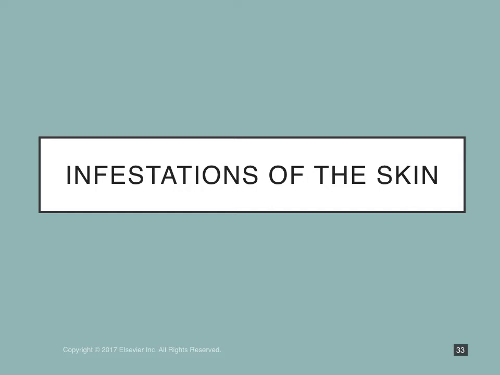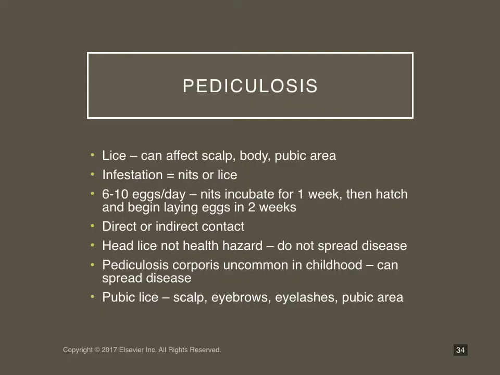Another thing you will encounter, unfortunately, in pediatric primary care is infestations of the skin. And one of the most common infestations is head lice, pediculosis capitis. Lice can affect different parts of the body, but in children we tend to see it on the scalp. In adolescents or sexually active adolescents, they can develop body lice or pubic lice.